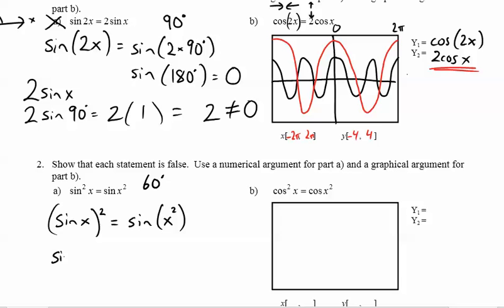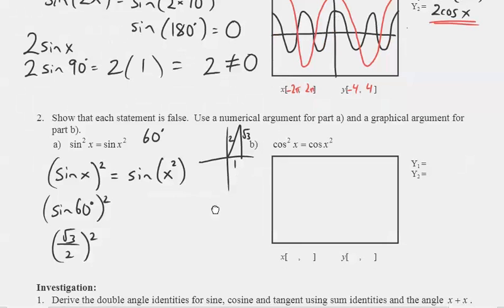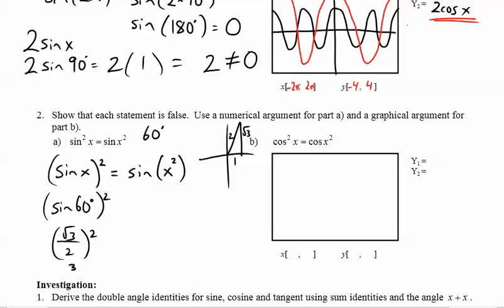So sine of 60 degrees is, that's my 1, 2, 3 triangle, root 3 over 2. And then if I take root 3 over 2 and square it, I get 3 over 4. Now what about sine of 60 squared? 60 times 60, sine of 3600.